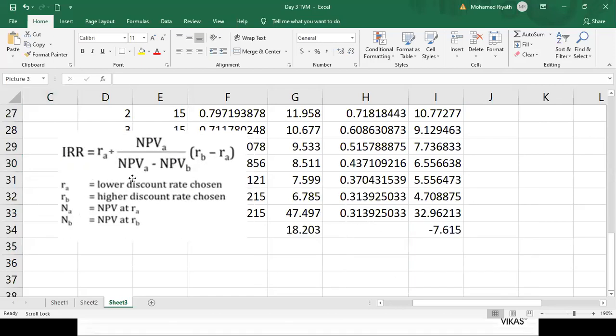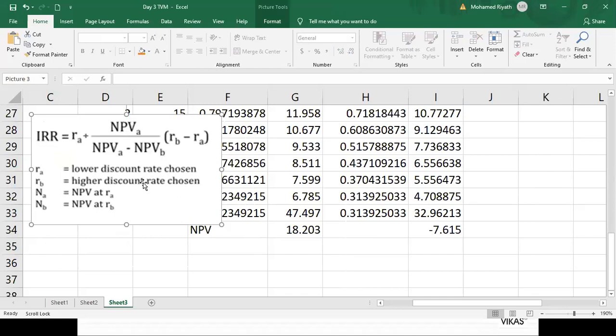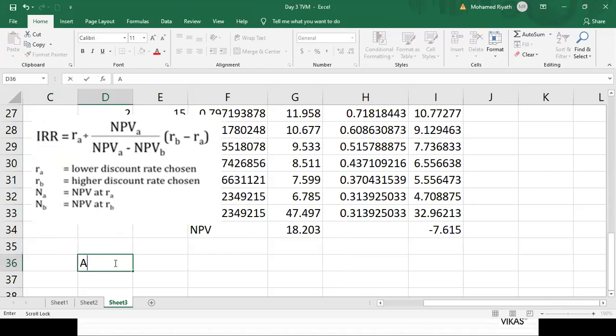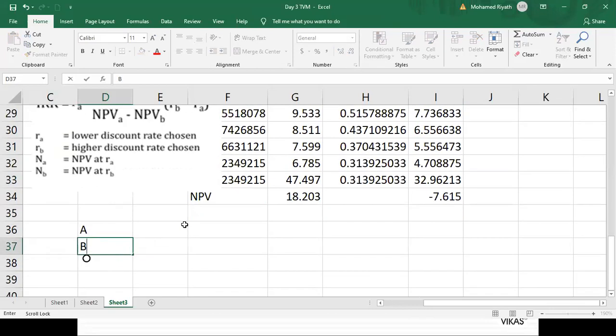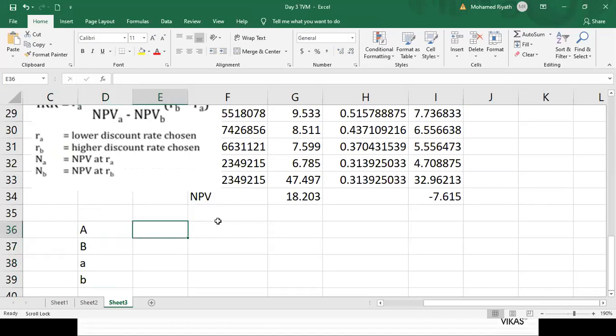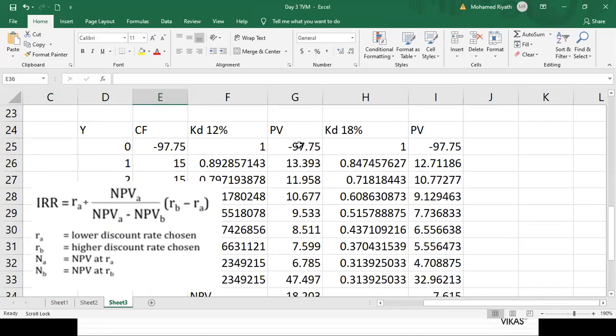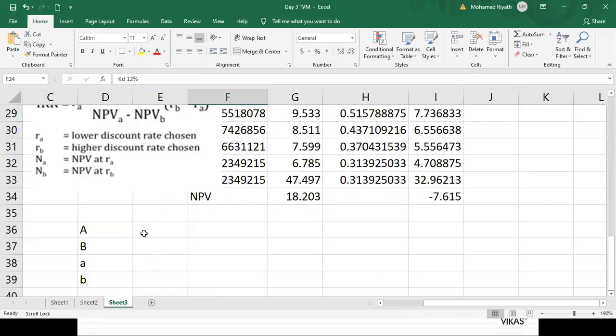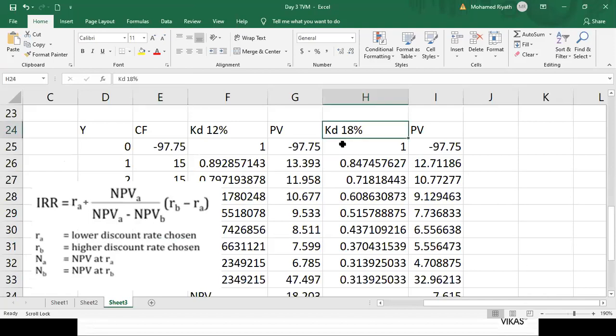This is the IRR formula. We will take capital A, capital B, and small a, small b. Capital A means the lower rate, 12%, and higher rate is 18%.